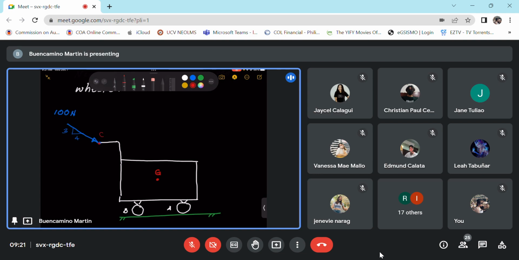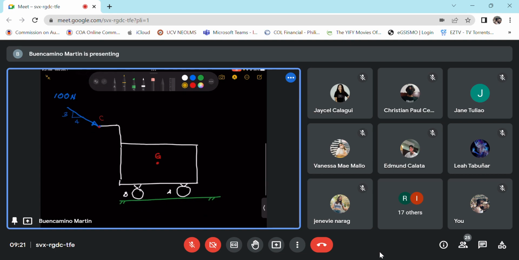And then, lagyan natin din ng mga dimension. Say, ang taas ng cart, this is 1.2 meter.